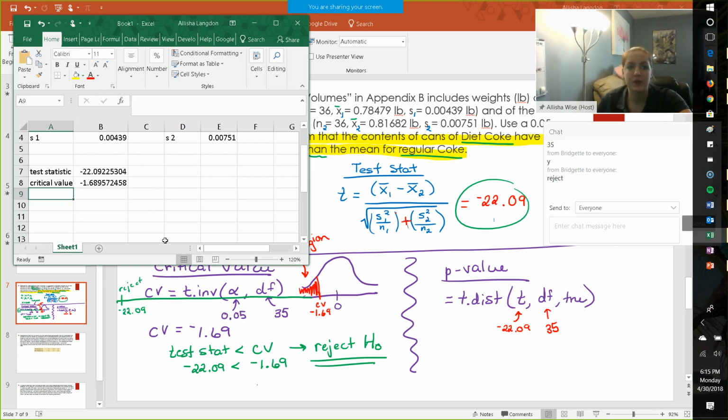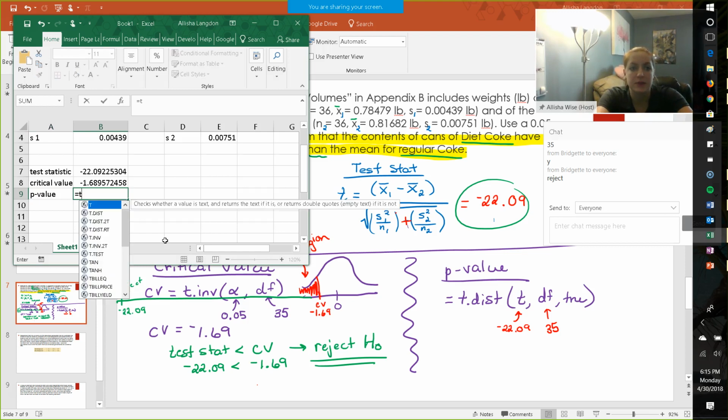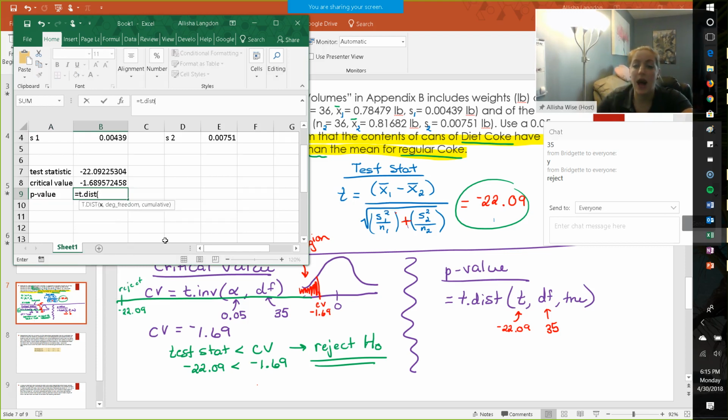Okay, so we want to do our p-value. So T.DIST. I'm not going to type in negative 22.09, I'm going to use my cell reference to grab that test statistic. Then comma, our degrees of freedom, and cumulative, I'm always going to type in true.